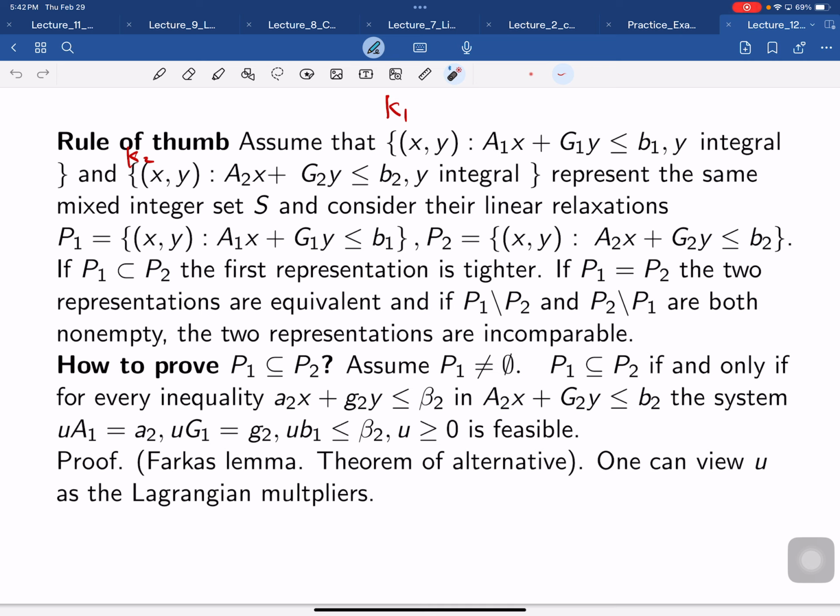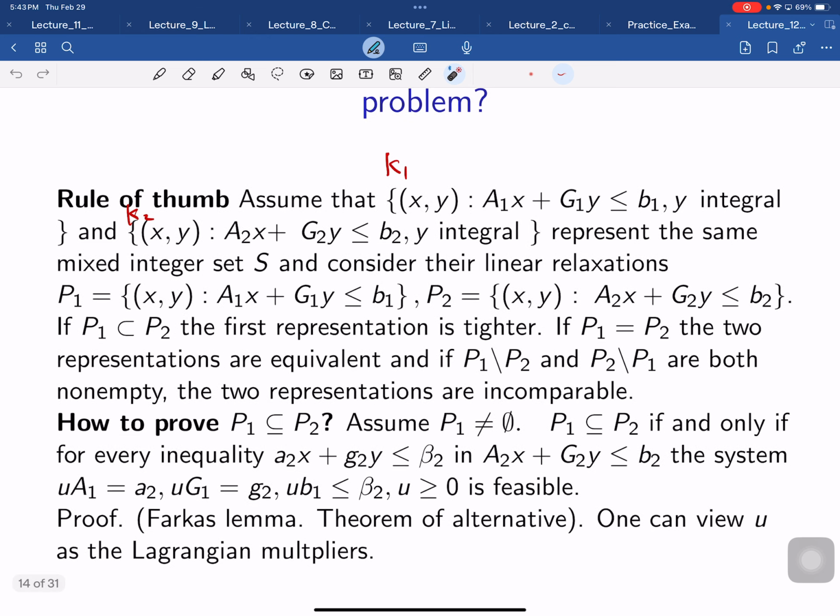The way to do that is using the theorem of alternative. You can think about there being some sort of Lagrangian multiplier for each of those constraints, and if you aggregate those constraints in the first polyhedron, then you can arrive at a constraint in the second polyhedron. For this, you can just refer to the slide. This is lecture 12, slide 11. Let me make a note here.